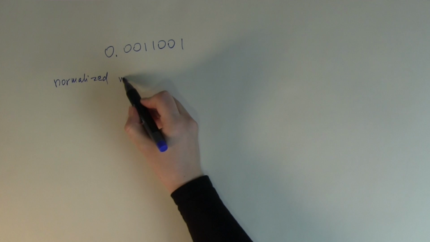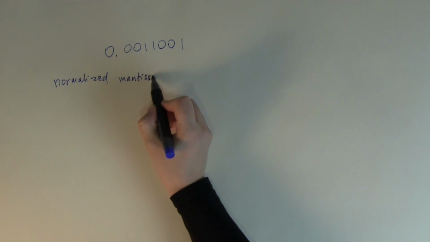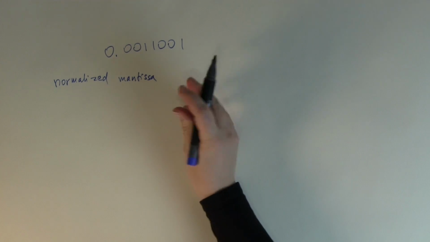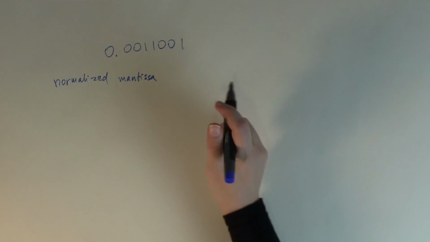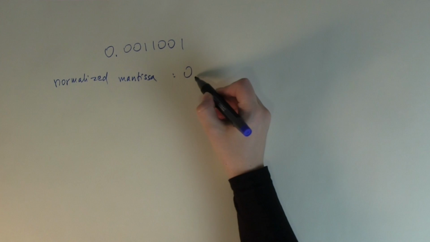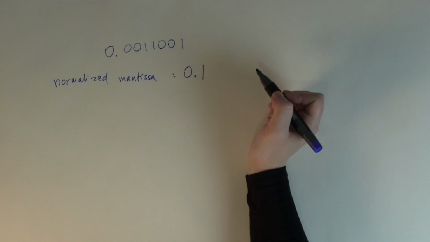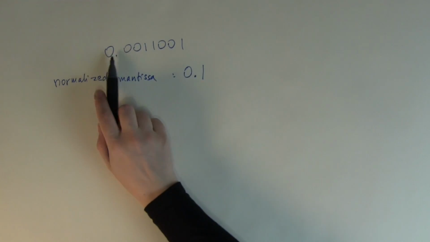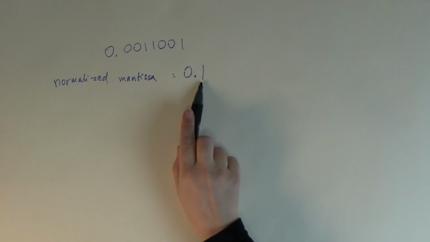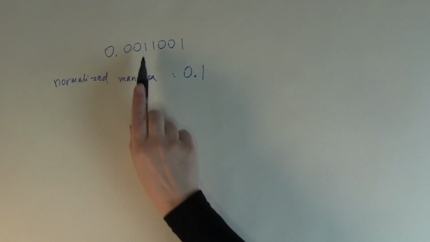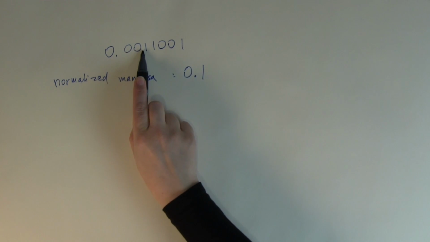Now, the normalized mantissa, which you're going to have to use in the 8 bits floating point notation for the last 4 bits, is always starting with a 0 radix point 1 format. So what we need to do in here is convert the number into this format. So the normalized mantissa would be just the number starting from here.